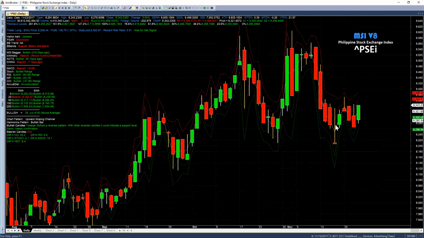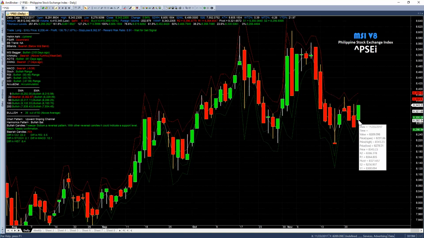So the white line is yung middle line, which is your pivot, and then 2 resistance up and 2 support down. So ibig sabihin, anything trading above the pivot price is bullish, and anything trading below is considered as bearish.